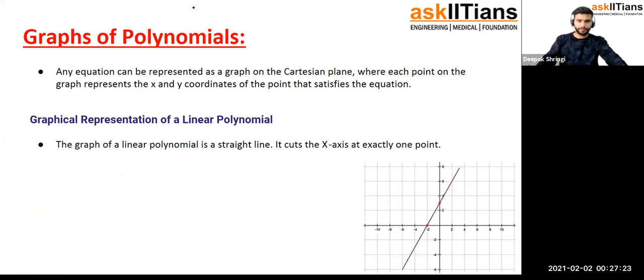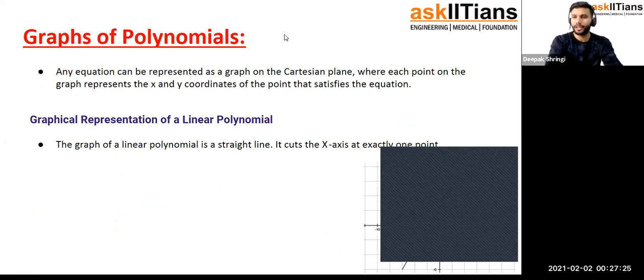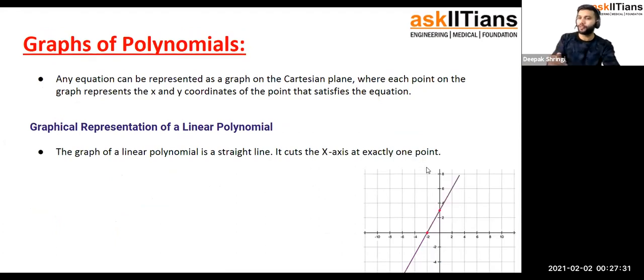Okay, fine. So far, guys, what we have learned is the meaning of a zero of a polynomial. Basically, if you put some value of x, and at that value the value of the polynomial comes out as 0, then that value of x is called a zero of the polynomial. That's the first thing we have learned.